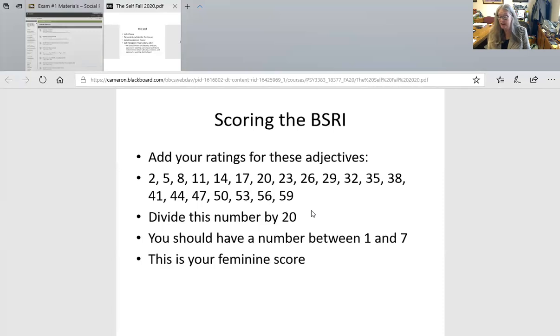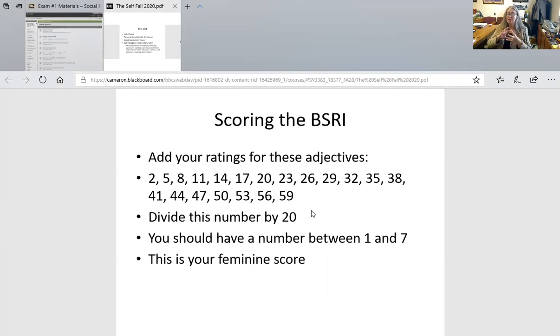Now here are the feminine adjectives in alphabetical order. Affectionate, cheerful, childlike, compassionate, does not use harsh language, eager to soothe hurt feelings, feminine, flatterable, gentle, gullible, loves children, loyal, sensitive to the needs of others, shy, soft-spoken, sympathetic, tender, understanding, warm, yielding.